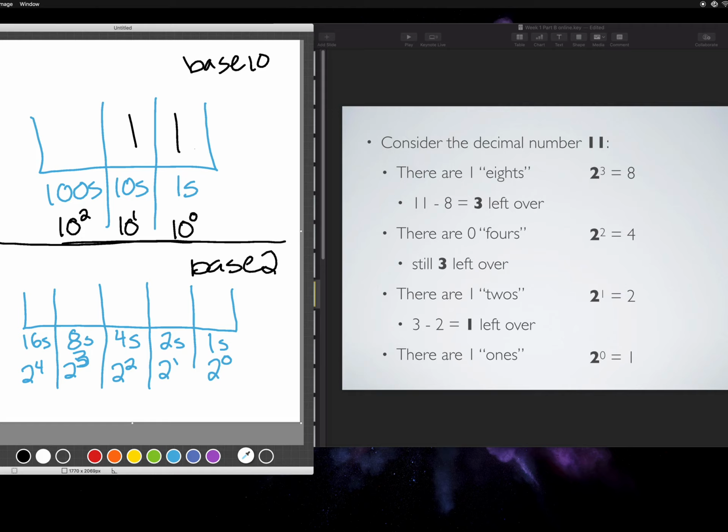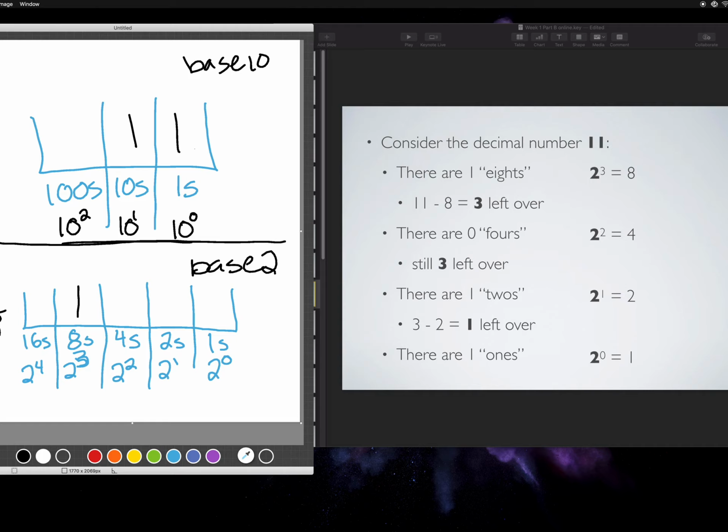Okay, we can fit 1 8 into 11, right? How many do we have left over after we deal with that 8? 11 minus 8, that's 3. So that means we still have 3 left to deal with.